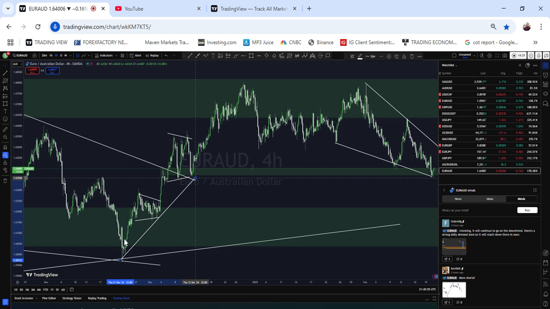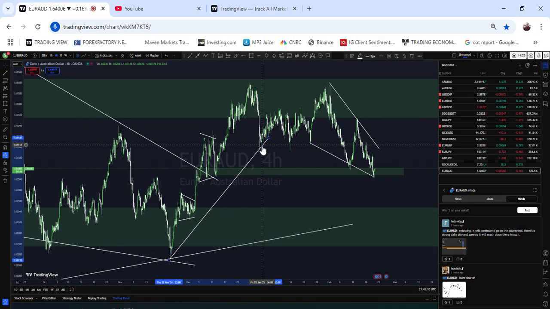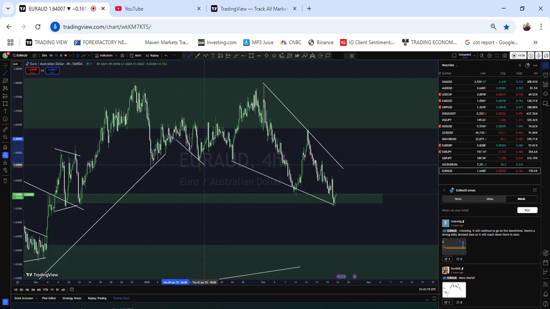You keep on evolving. This was where the trend line started, and then price created this triangle pattern for a bullish trend. Price created another triangle pattern for a bullish trend. Again, the same thing keeps on happening, and once price comes back to break the trend line, we evolve, and then you see price keeps on creating that same pattern.